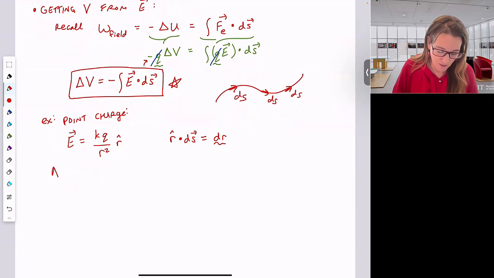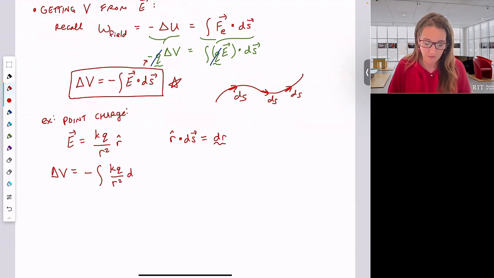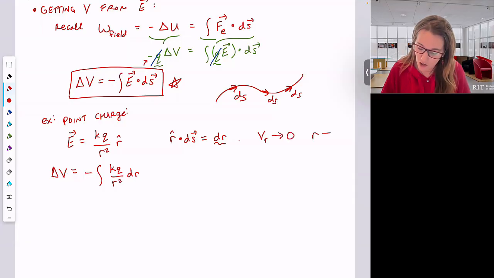So our delta V will be equal to negative integral kq over r squared, and then dr. No more vectors, because once I execute that dot product, I have gotten rid of my vectors and I just have a dr. So let's still take the case where we say that the convention is that the potential goes to zero as r goes to infinity.